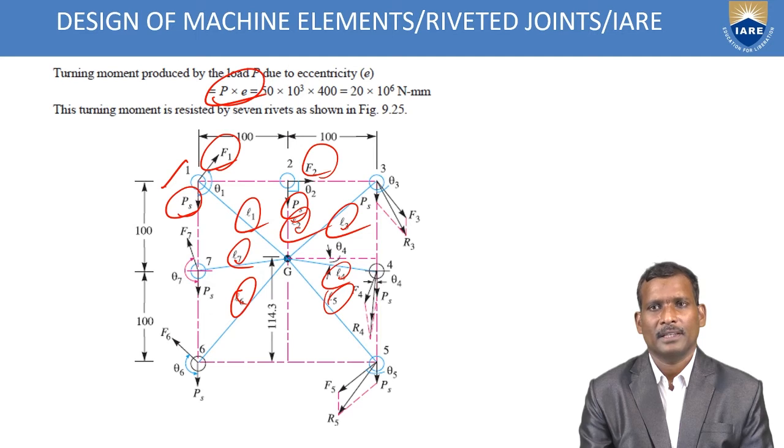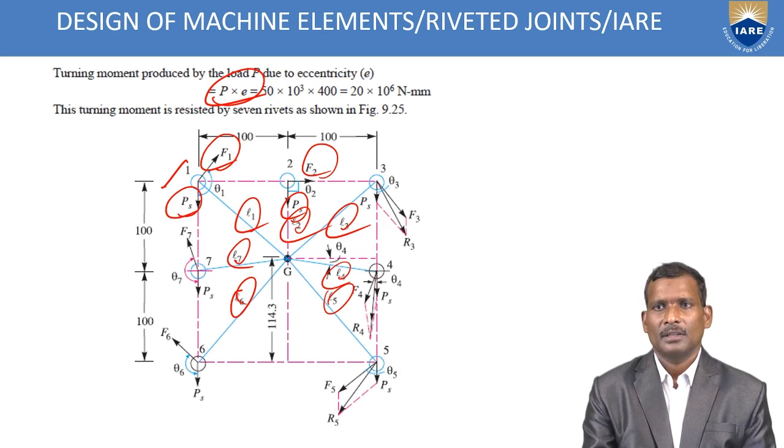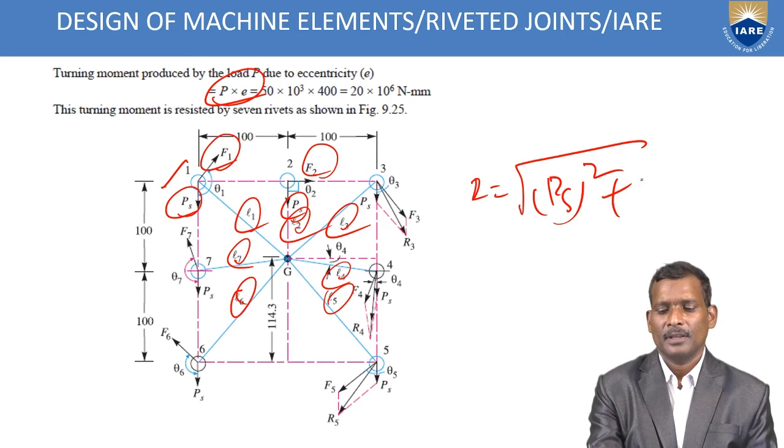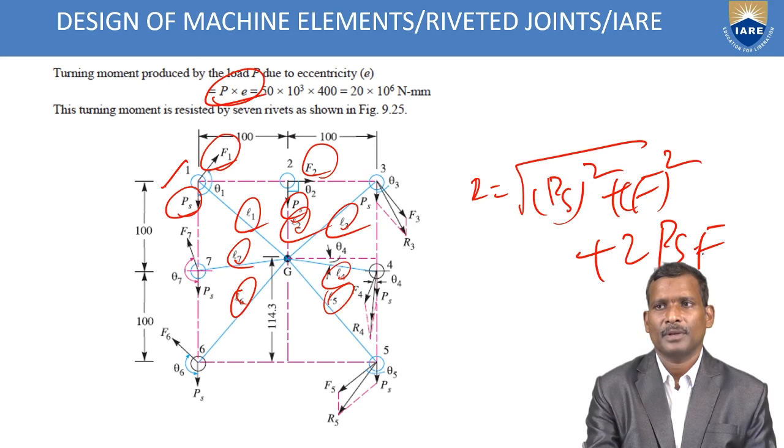So how to calculate the resultant? The equation you already know. The resultant R of these two forces is equal to the square root of direct shear stress squared plus F squared plus 2 times direct shear stress into F multiplied with cos theta. Clear?